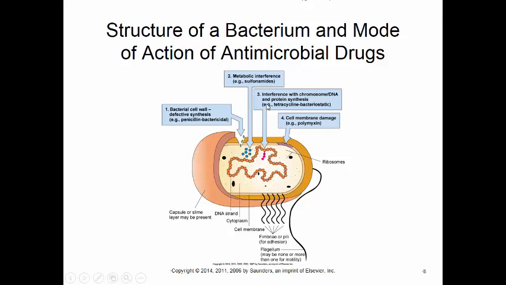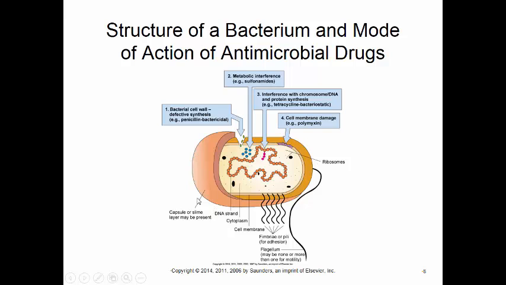And tetracycline does this. That's called bacteriostatic because it slows down the production of the bacteria. Bactericidal means it kills it. And then we can also have cell membrane damage like polymyxin, which damages the cell membrane. All these are going to slow down, inhibit, or kill the bacteria.